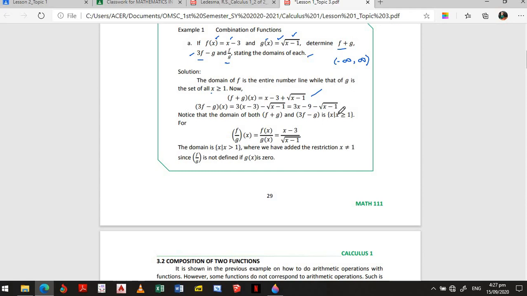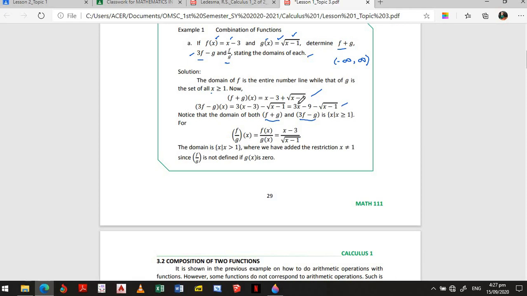So what is the domain of our given functions? We say that the domain of the sum of f and g and the difference of 3f and g is just the set of x such that x is greater than or equal to 1. Okay? Why so?